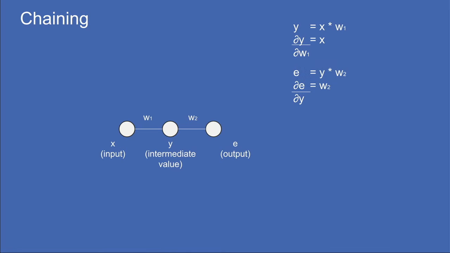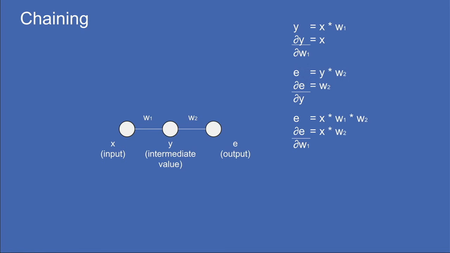Now, chaining means that we can take these two things and just multiply them together. So by inspection, we can see that in this little neural network, if we take x, multiply it by W1, multiply that by W2, we get the error e.